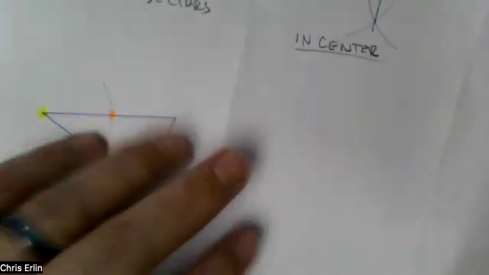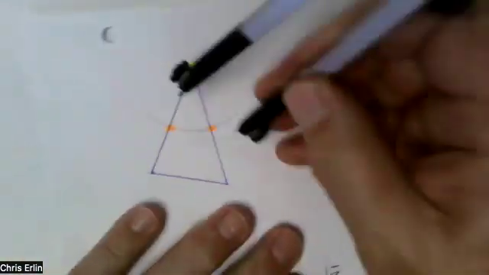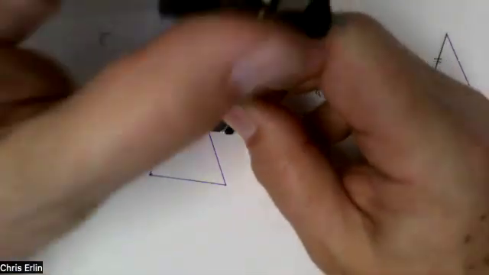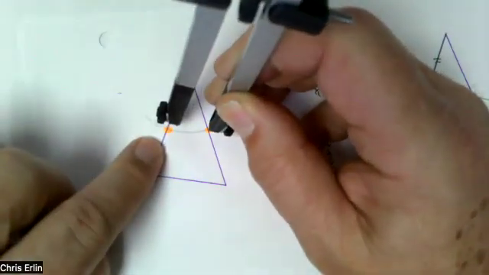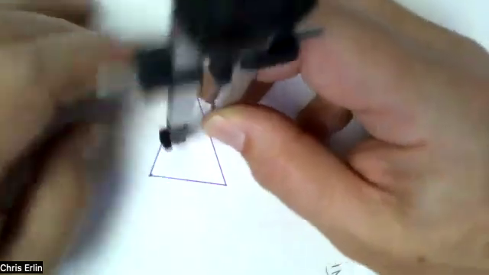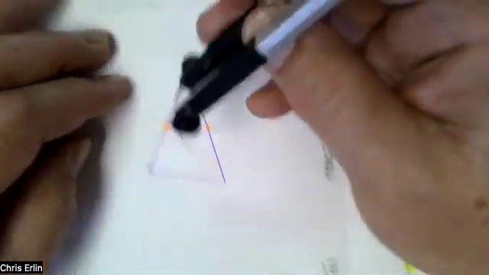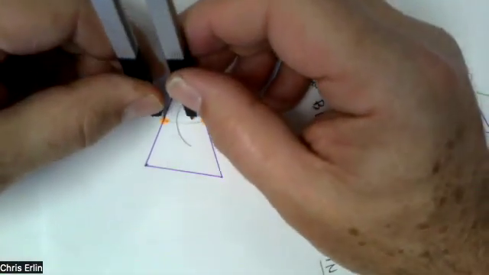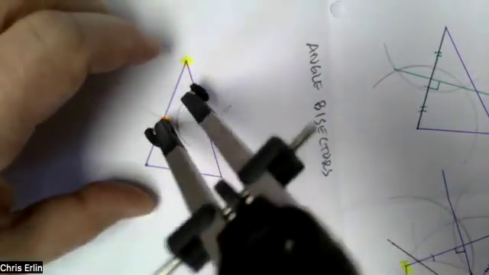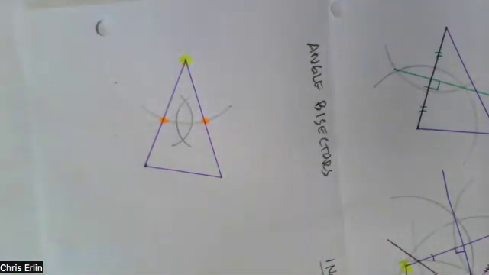I'm going to go from one endpoint, and I'm going to go more than halfway to the other dot, make an arc, and then move over to the other dot with the same size setting on my compass and make my little football.